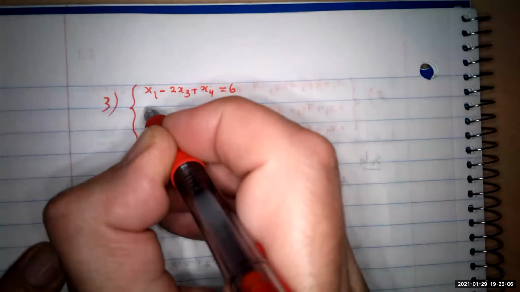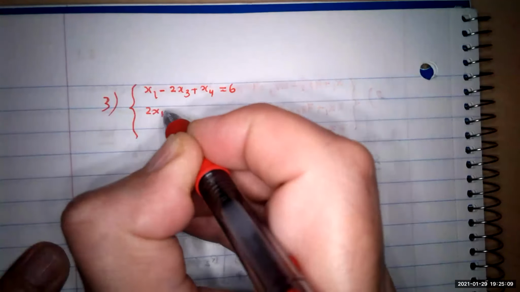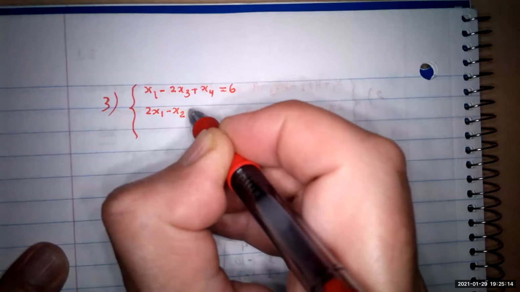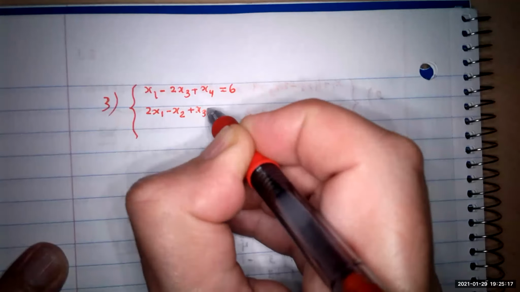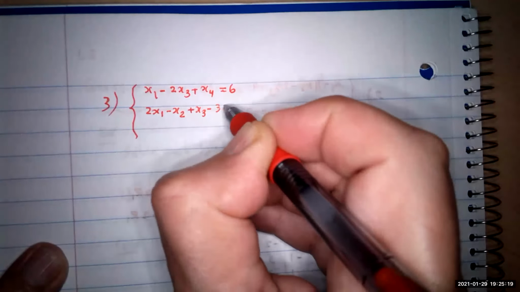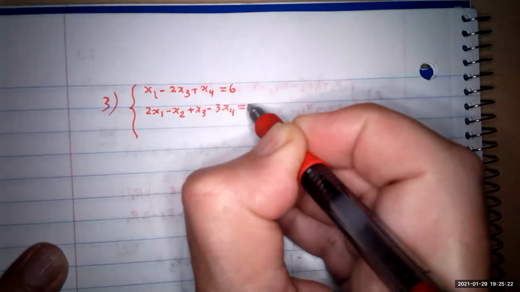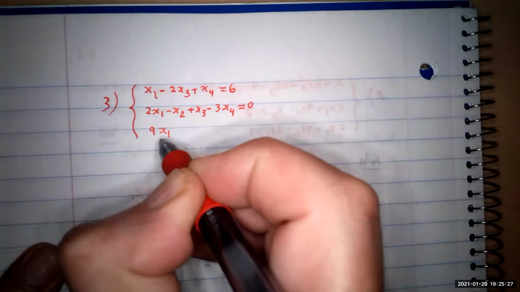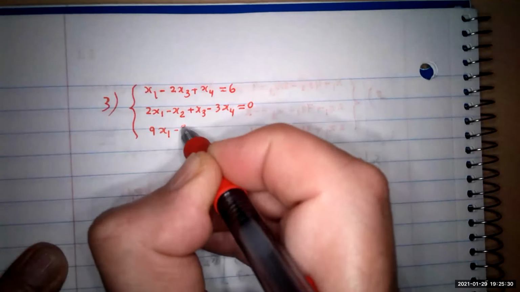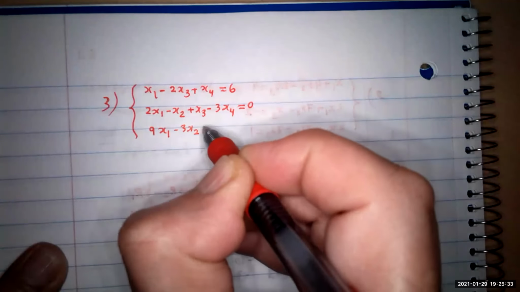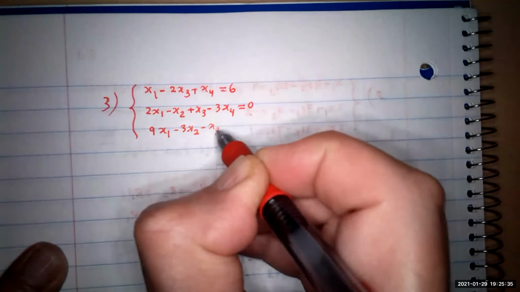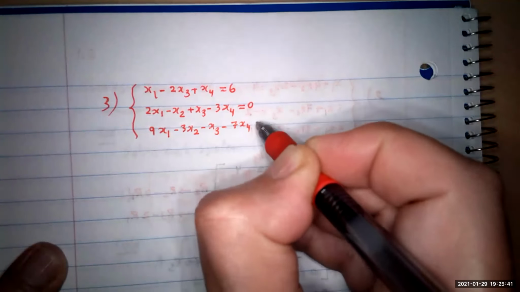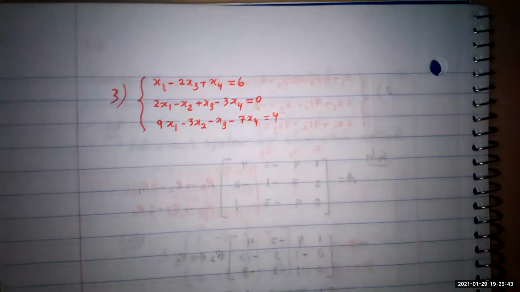The second equation is 2x1 minus x2 plus x3 minus 3x4 is equal to 0. And the third equation is 9x1 minus 3x2 minus x3 minus 7x4, and this is equal to 4. So that's the system that we would like to solve.